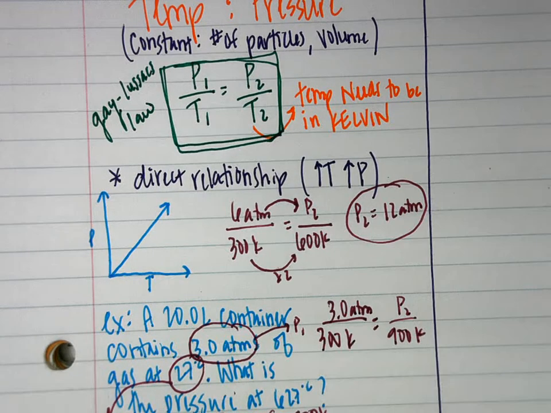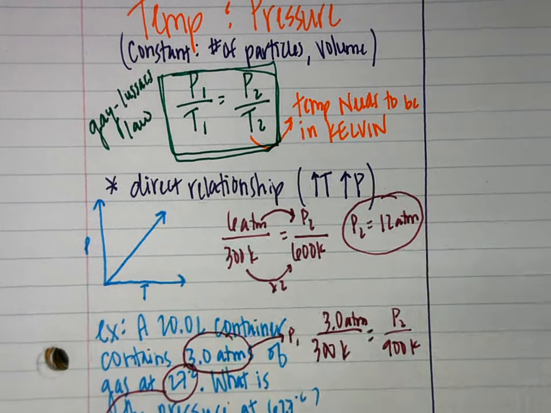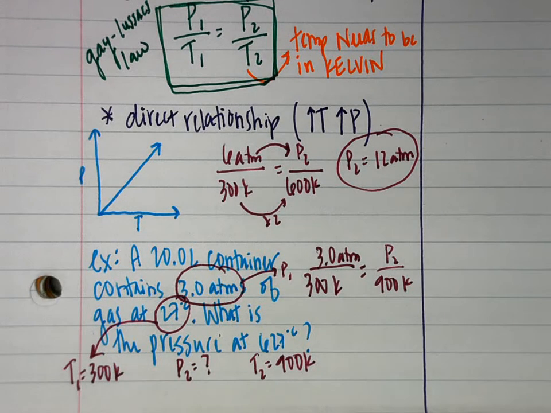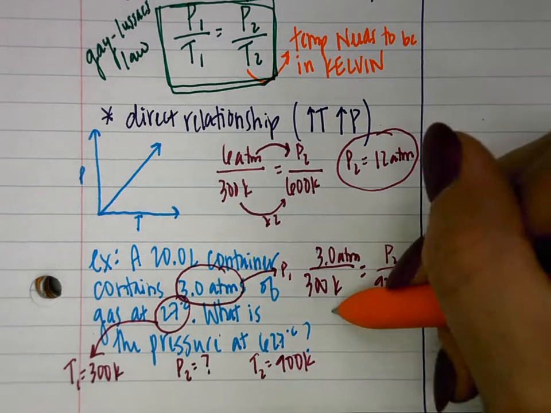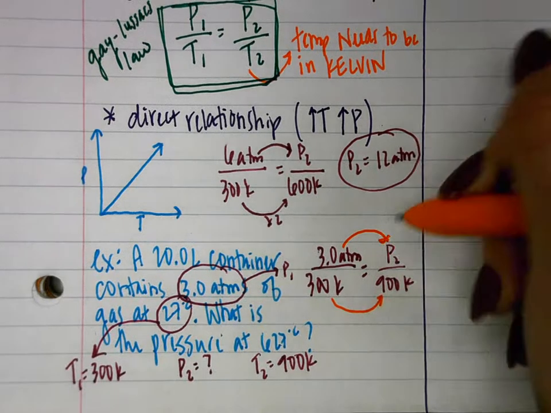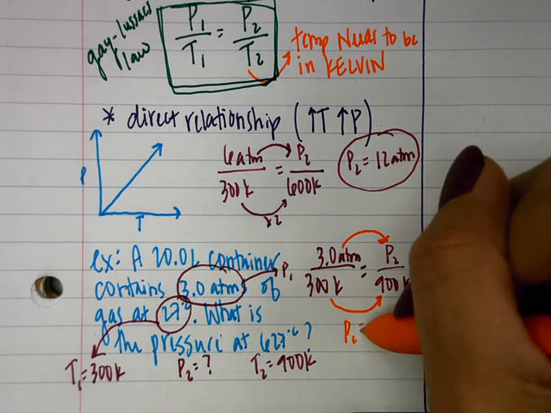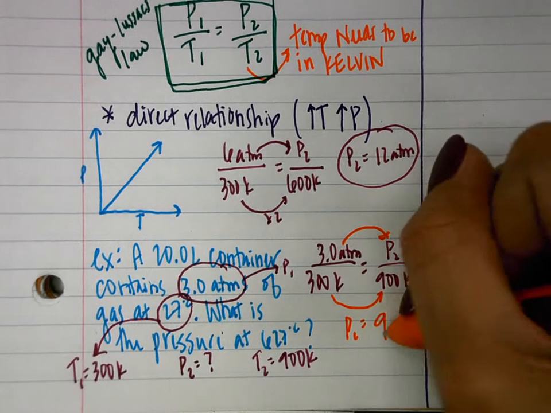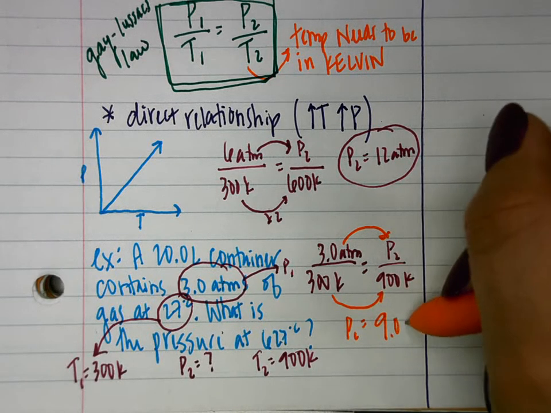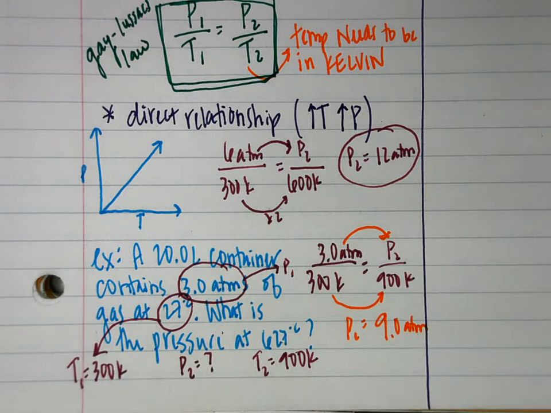Again, you can cross multiply, or you can say, hey, this tripled, so then this should triple. So my P2 would be 9 ATMs. Okay. So those are our 3.